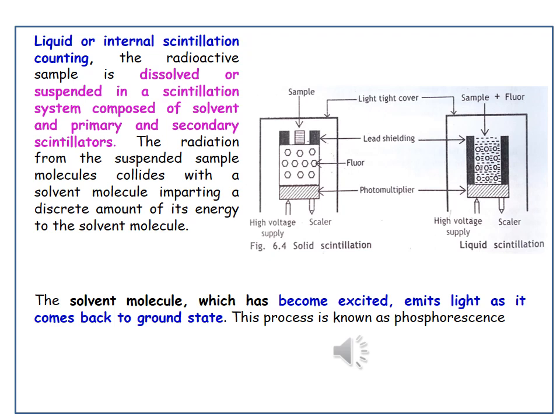The radiation from the suspended sample molecules collides with solvent molecules, imparting a discrete amount of its energy to the solvent molecules. The solvent molecule, which has become excited, emits light as it returns to a ground state. This process is called phosphorescence.